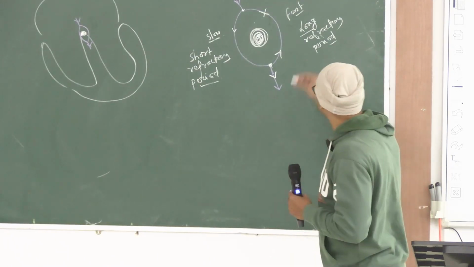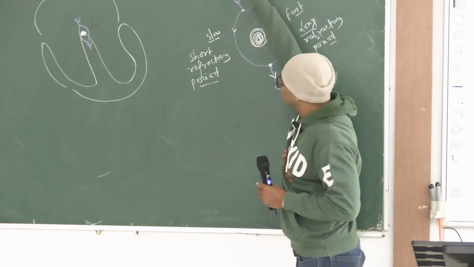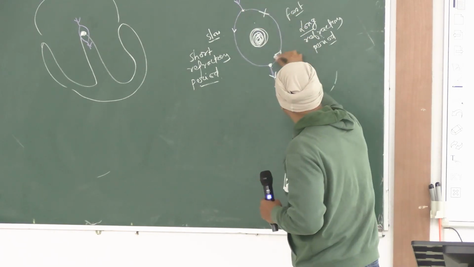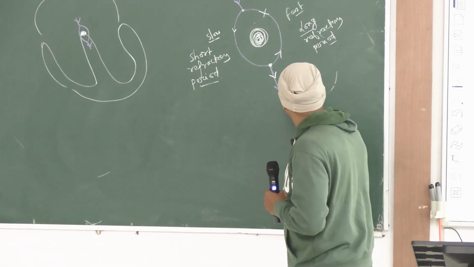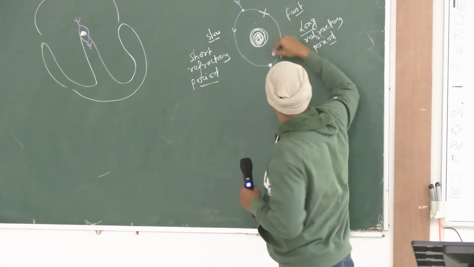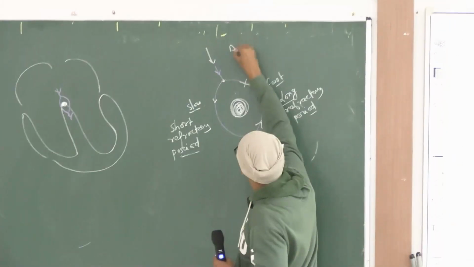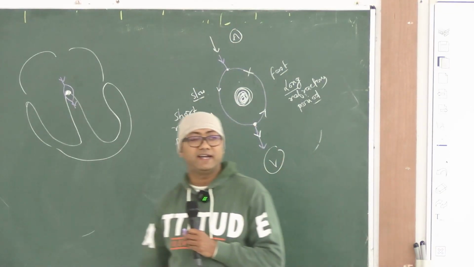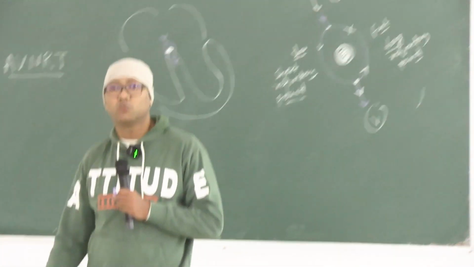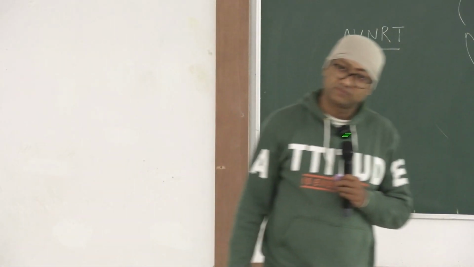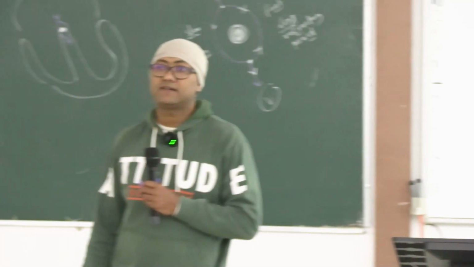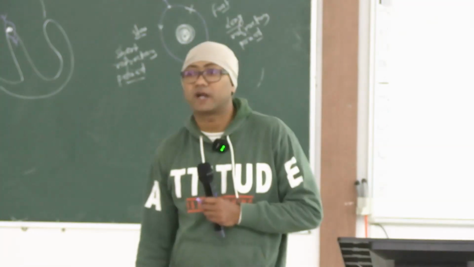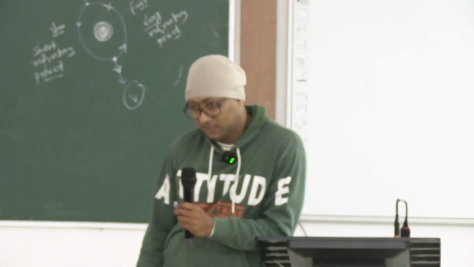So, what will happen? This will go back and activate the atria, and this will come down to activate the ventricle. So, both atria and ventricle will be depolarized simultaneously.